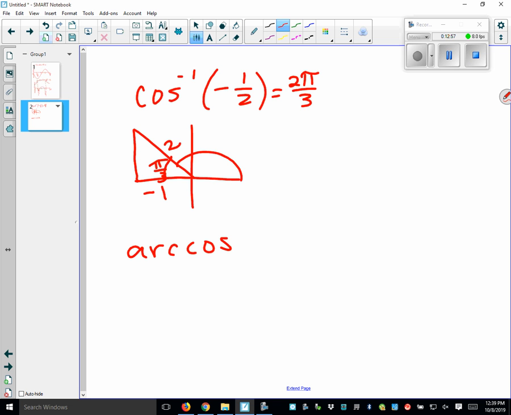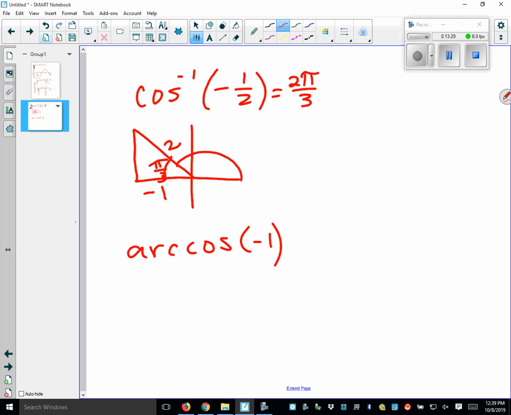So we're looking for the angle that goes all the way up to there. We always look for the angle that starts on the positive x-axis. That makes more sense. All right, cosine of -1. That is on an axis, isn't it? Is it cosine x over r?